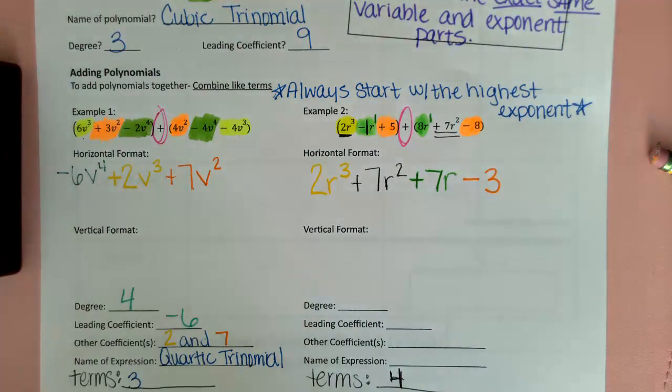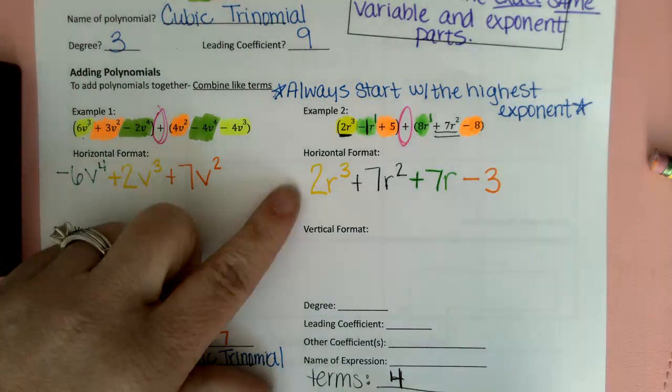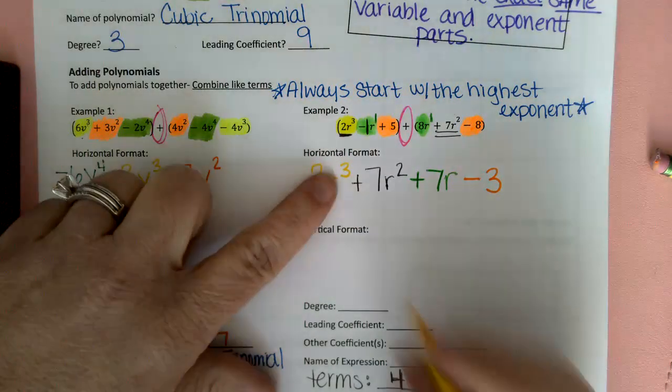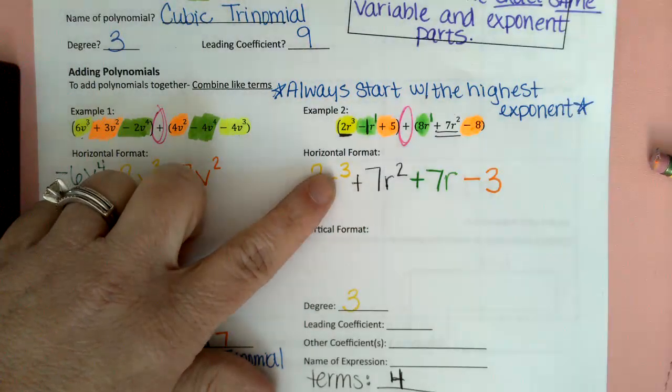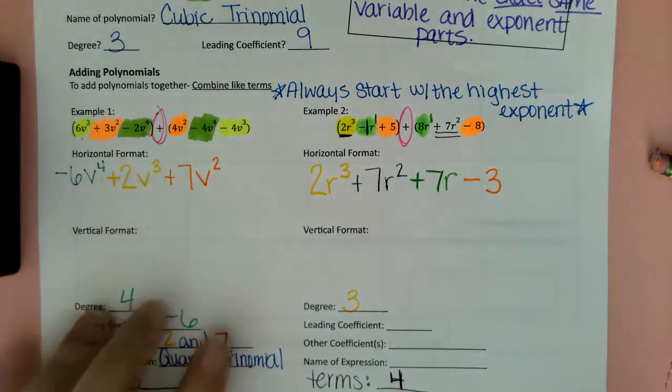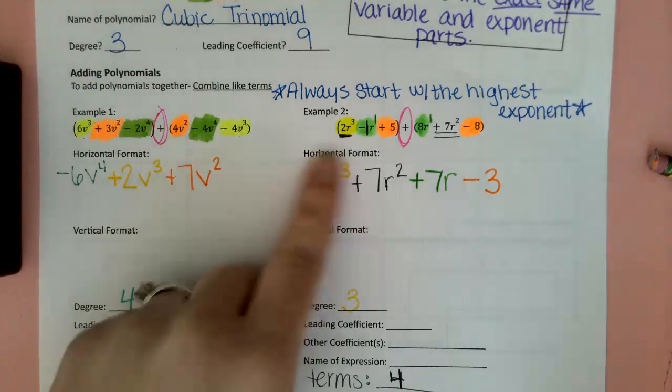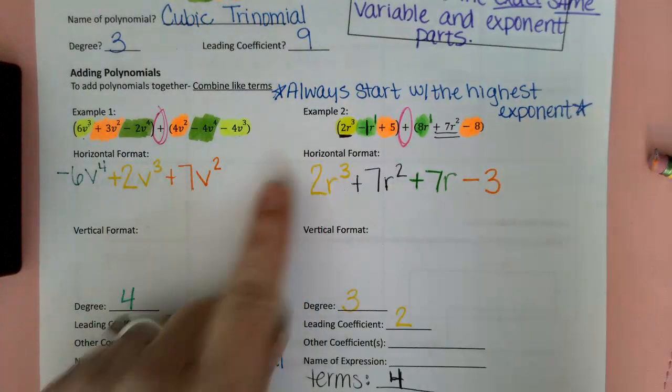What is the highest degree? The degree is the highest exponent. So what's the highest exponent? Yeah, a 3. And then the leading coefficient is the number in front of the letter with the highest exponent. So I'm still looking at this yellow part, and it is a 2.